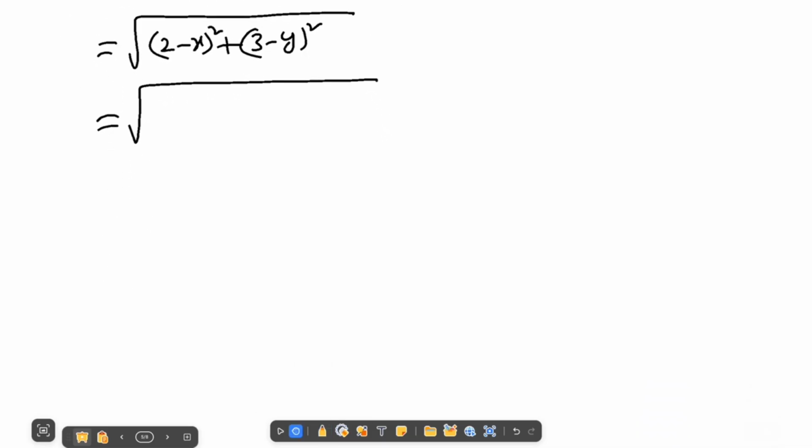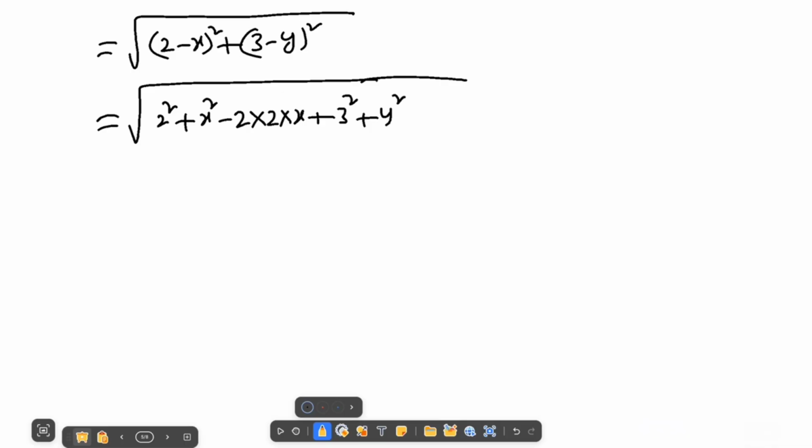So here, 2 minus x whole square: a square plus b square minus 2ab, minus 2 into x. Here, 3 minus y whole square: 3 square plus y square minus 2ab, minus 2 into 3 into y.